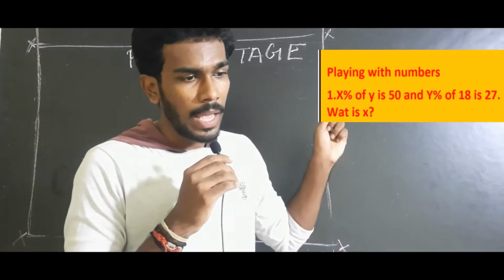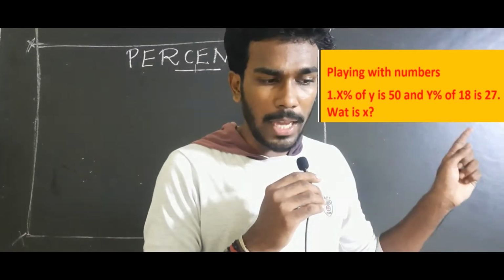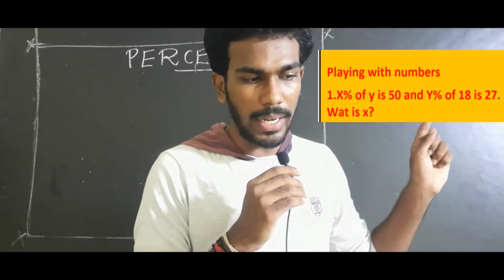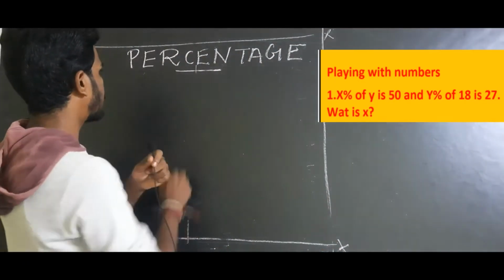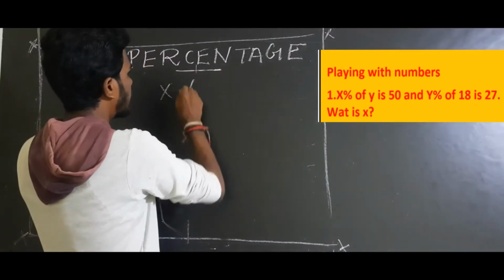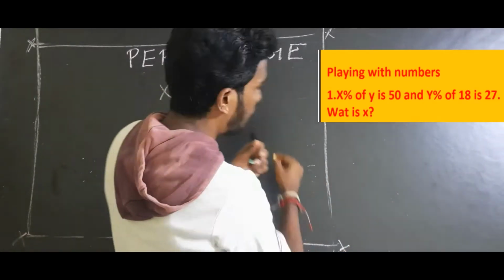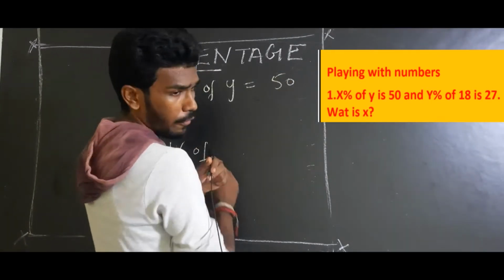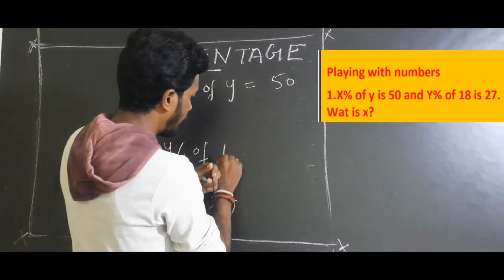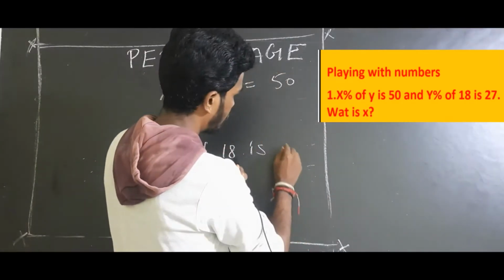Now let's go into the first question. The question is: x percentage of y is 50 and y percentage of 18 is 27. What is x? We have x percentage of y equal to 50, and y percentage of 18 is 27.